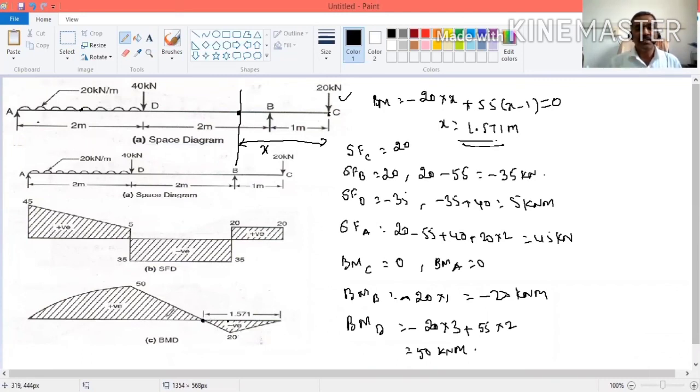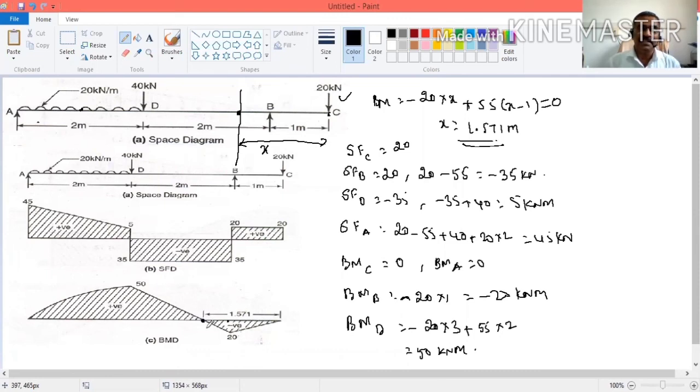So what is contraflexure? When the bending moment sign changes, positive to negative or negative to positive, whatever it may be, that is known as the point of contraflexure. It is important.